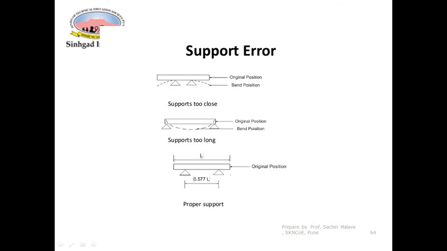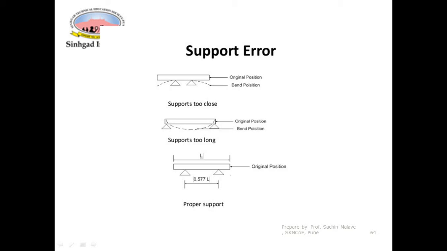In this figure, this is the object and it is supported on these two supports. Now the issue is related to the object being heavy, there is a possibility that it may undergo deflection due to its own weight.